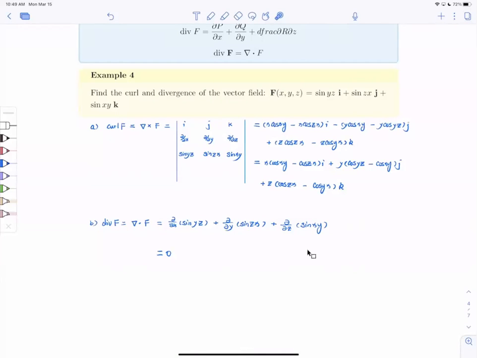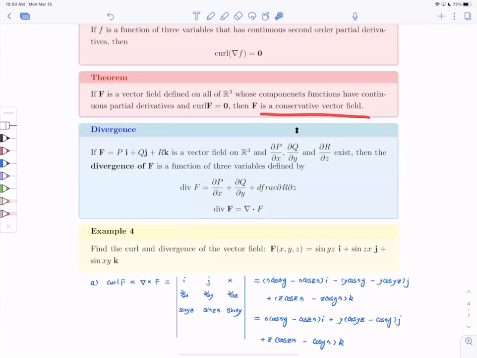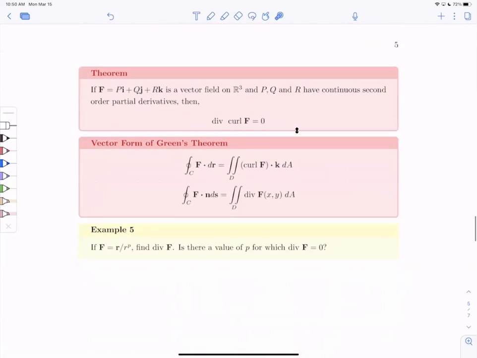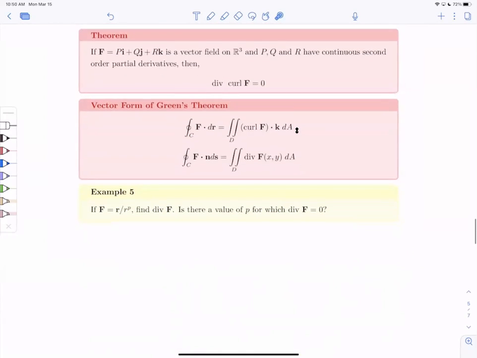Can't find anything at the moment, but I think I saw a question like that somewhere. Yeah, the question is going to be something like that. Or when I say this is a conservative vector field, that means this equals 0. Anyway, let's move on to the next part.